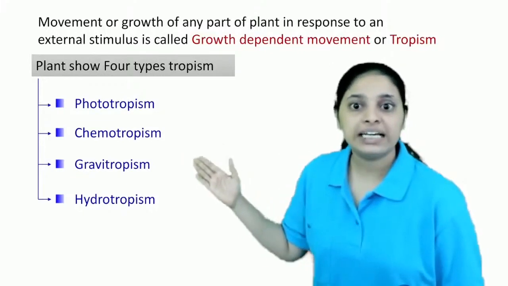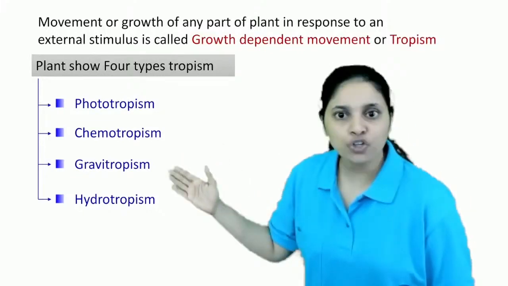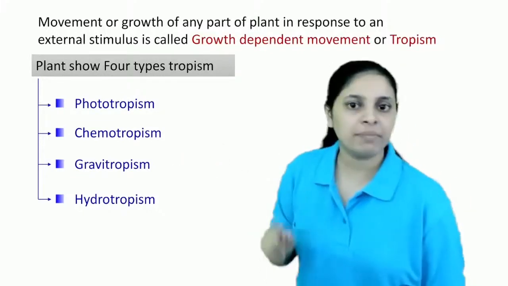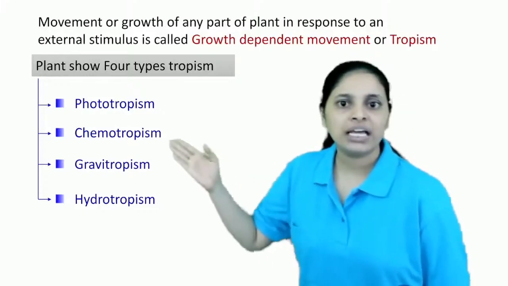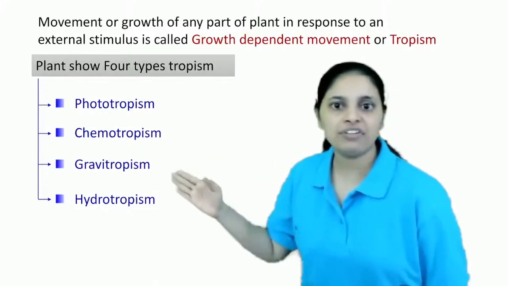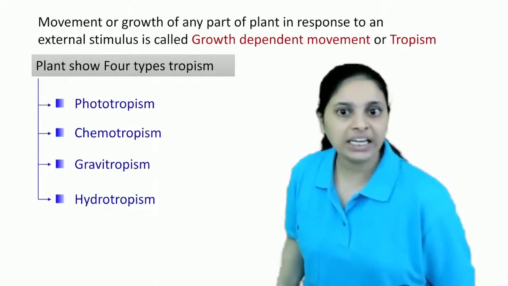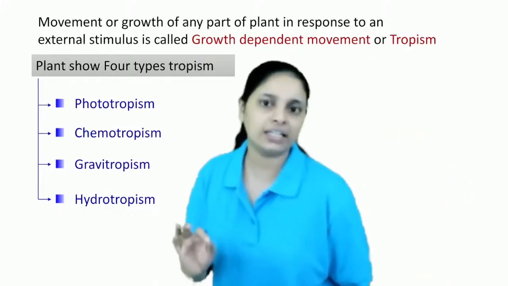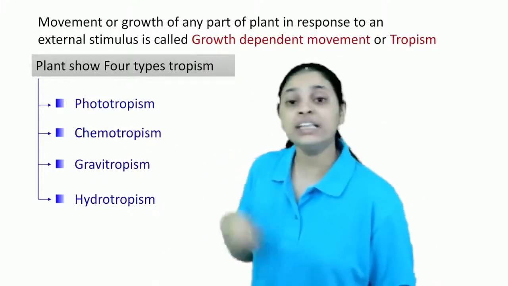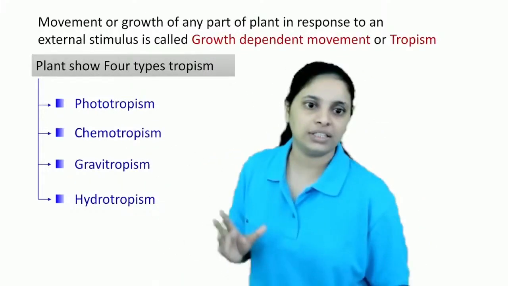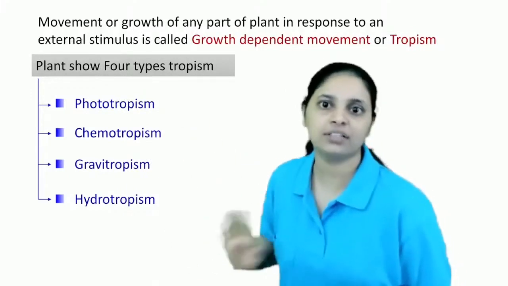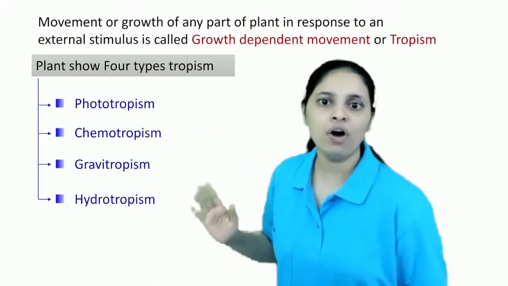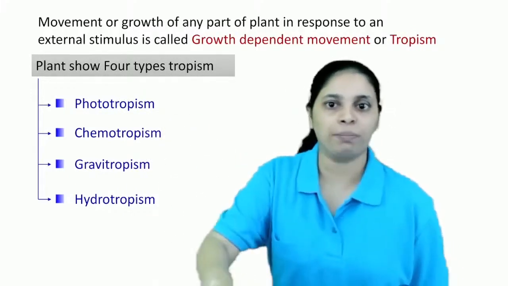Phototropism, chemotropism, gravitropism and hydrotropism. Phototropism में light ये stimulus होगा, chemotropism में chemicals, gravitropism में gravity of earth and hydrotropism में water. Okay, एक एक करके हम हर टाइप को with example अच्छे से समझेंगे. पहले 4 टाइप्स ये नाम याद रखो. Photo, chemo, gravi and hydrotropism. Clear?